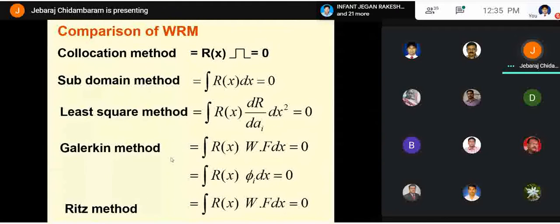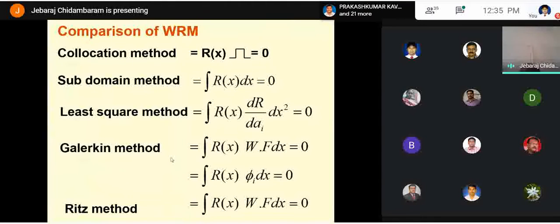Good approximation. Then the least square method. You find the square of the residue and minimize it. The reason is, if you remember your mathematics, the common average is x1 plus x2 plus x3 plus x4 by 4, which is x bar.